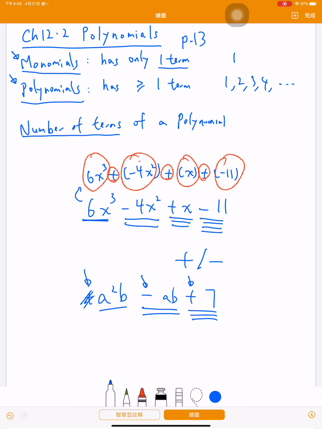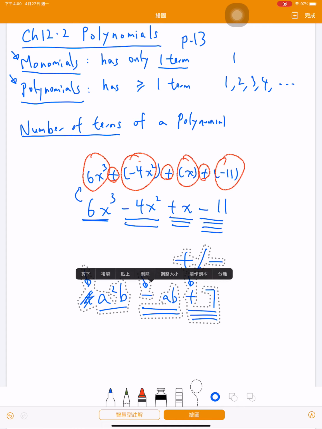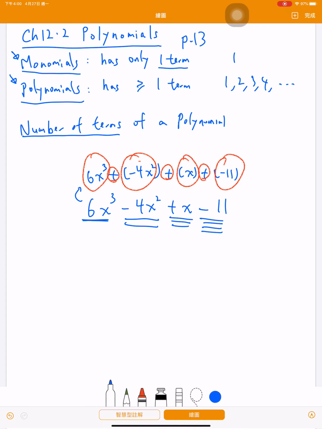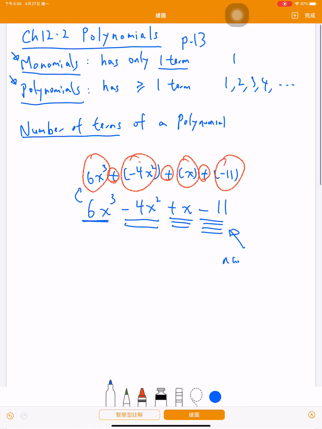Then we will talk about another concept. That is, for example, this one, we know that the number of terms is equal to 4, right? Then for each term, that means this one, and this one is a monomial, right?